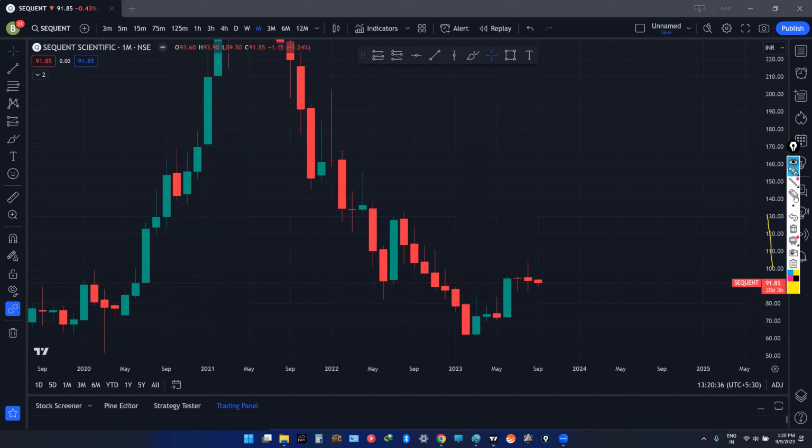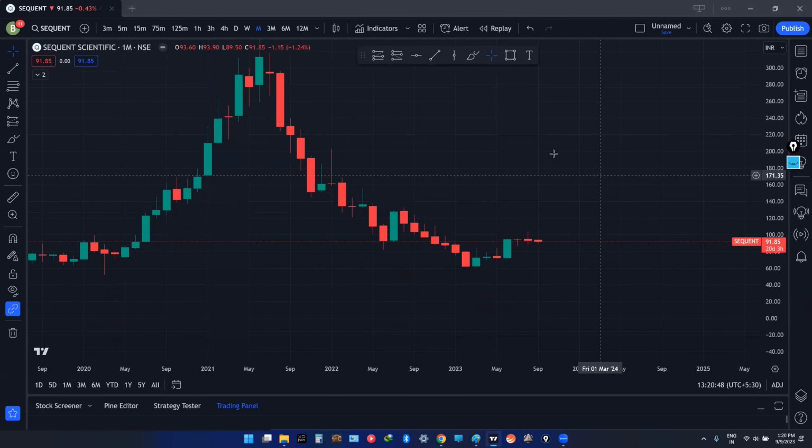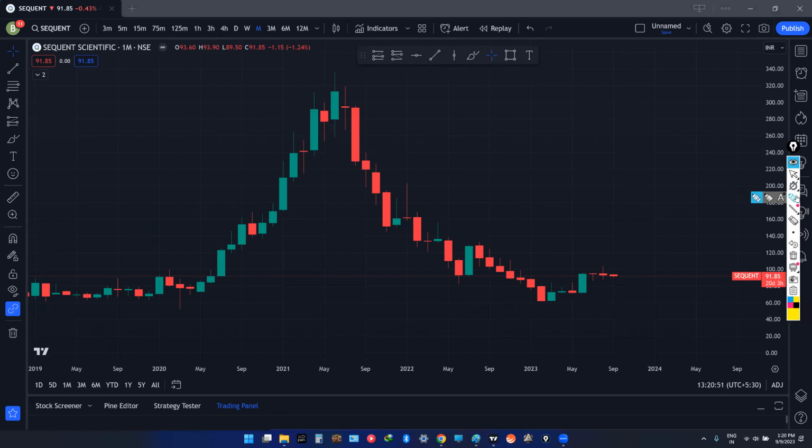So from here, first part, second part, third is not there. But you have to see one more thing. If you draw a vertical line of the downtrend from the top to the bottom, this was the length of the downtrend.